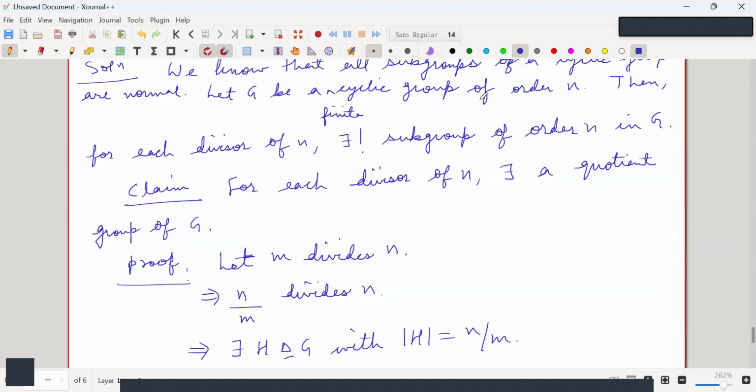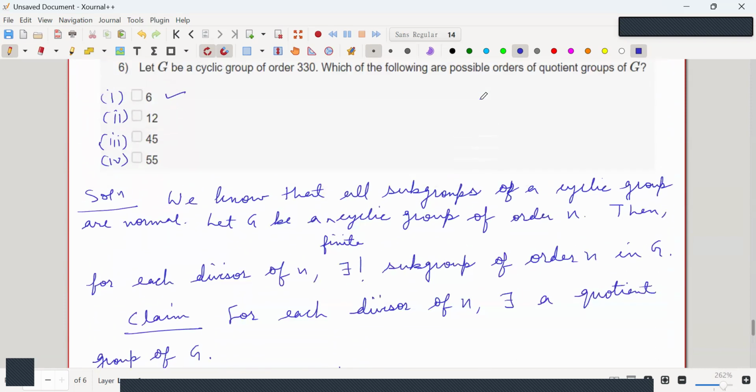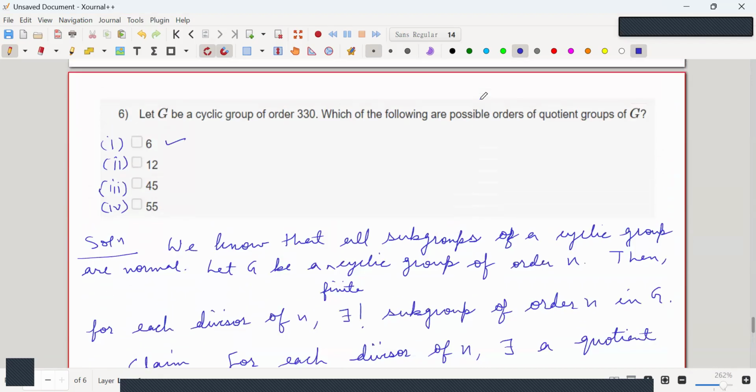You understand my point? Yes, sir. So the number of quotient groups can be less, because for two normal subgroups N1 and N2, it might happen that G mod N1 is isomorphic to G mod N2. So the number of non-isomorphic quotient groups is anyway less than or equal to the number of normal subgroups.